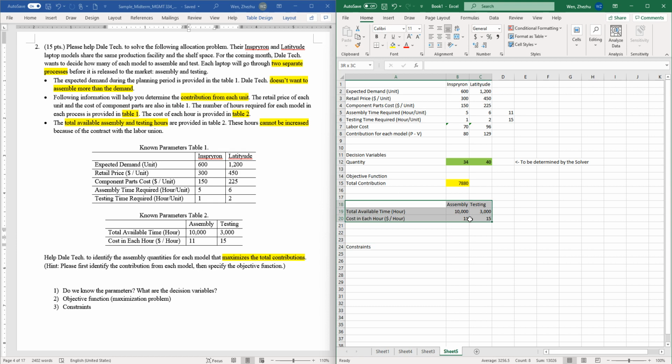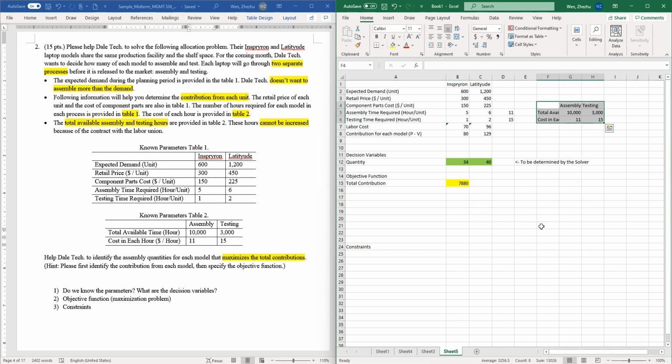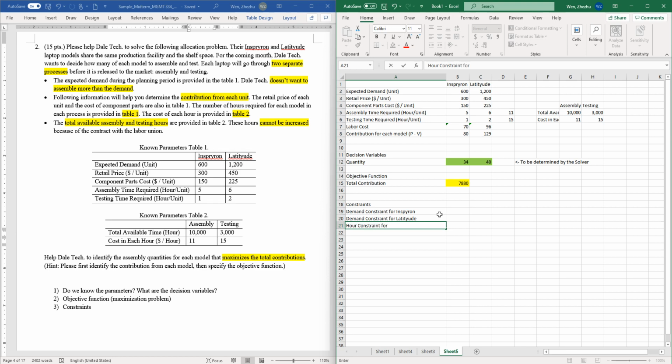Maybe this information is better placed somewhere else. Okay, since we already know where we're going to use it. So I'm going to put down the demand constraint for Inspiron. Okay, and then you have a demand constraint for latitude. And then you have the hour constraint for assembly, and the hour constraint for testing.